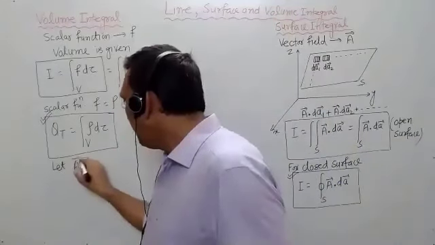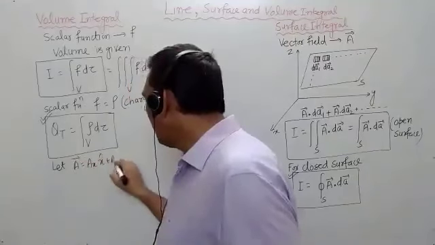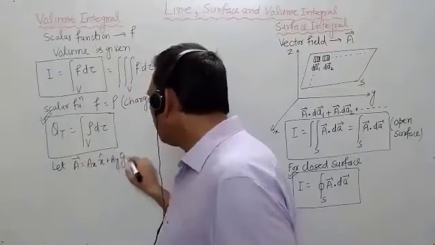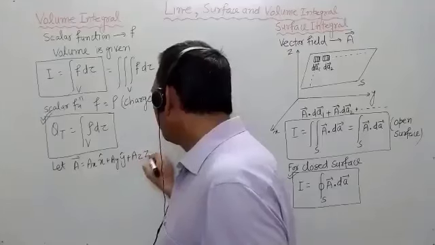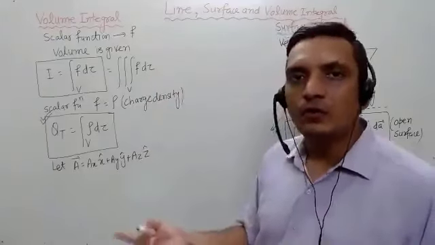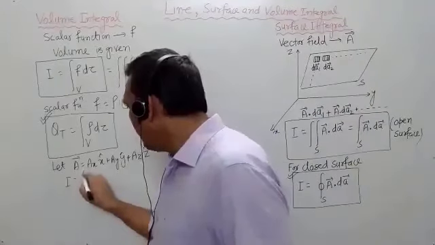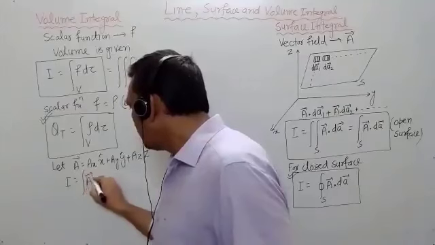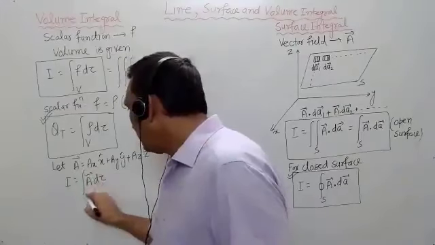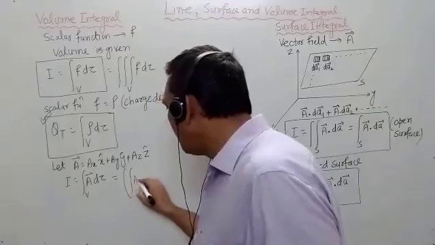Let vector A be ax x cap, ay y cap, az z cap. And we have to define the volume integral over a vector. Theoretically, we can define it. So that is A d tau. And what does it mean? Actually, you have to calculate the integral in component form.